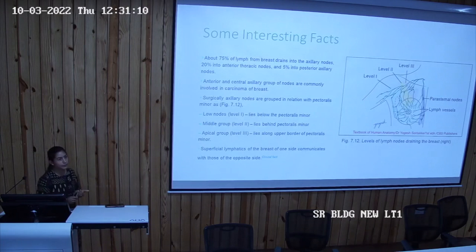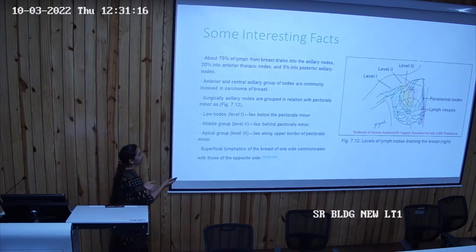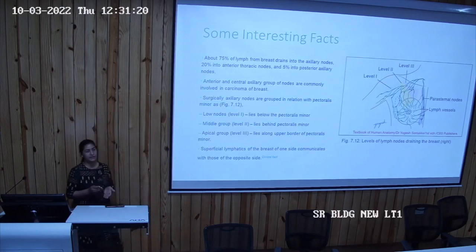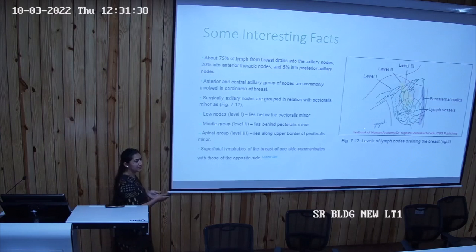Now there is one more division of the lymph nodes, that is called level 1, level 2 and level 3. What is more important is level 1, level 2 and level 3, rather than 75%, 20% and 5%. For levels 1, 2 and 3, they say low lymph node involvement, mid group lymph node involvement or the apical group lymph node involvement. Like the axillary artery, you have 3 parts in relation to the pectoralis minor.